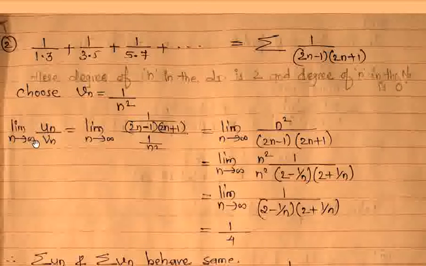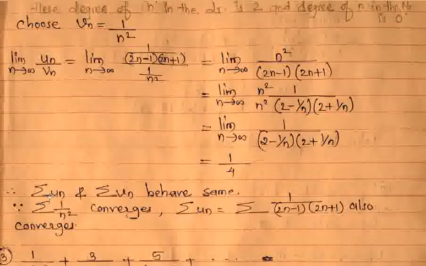So take the limit as n approaches infinity of un divided by vn. You have un here and vn here. N squared goes to the top. You can remove the common n squared, cancel it down, take out 1 divided by infinity, so 0, and you get 1 over 4.